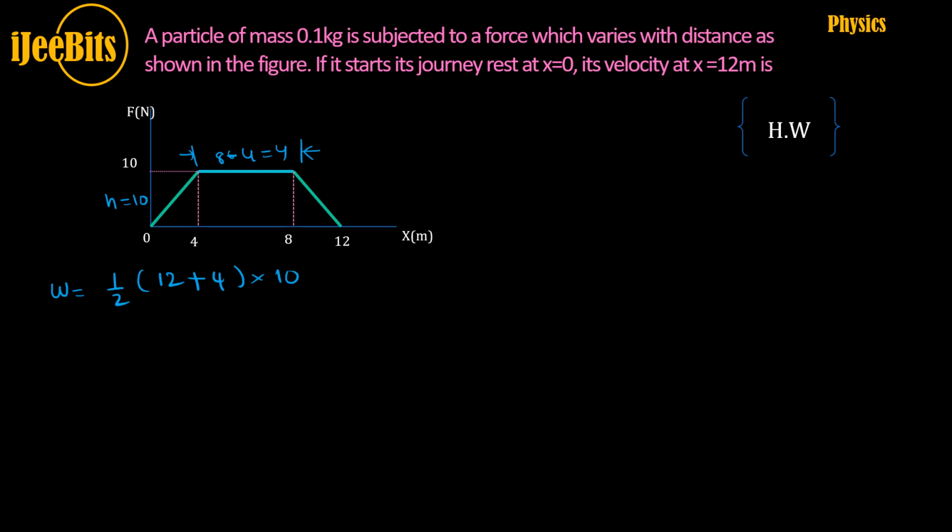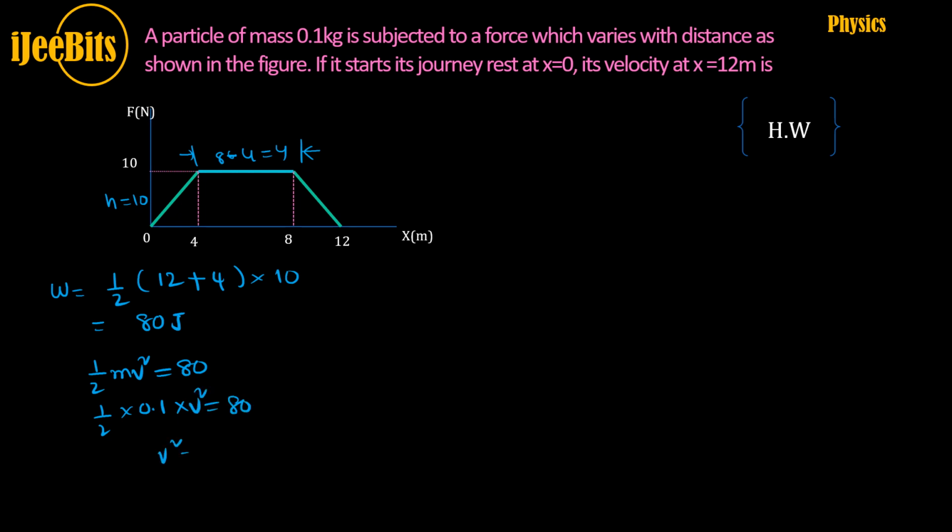So 16, right? So 8, so 0, 80. 80 joules. This 80 joules is equal to your half mv square. So half mv square equals 80. How much is m? Half into 0.1 into v square equals 80.